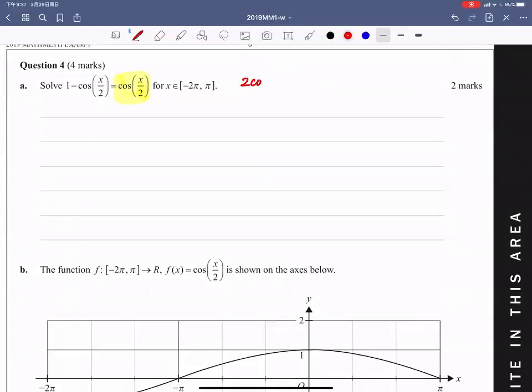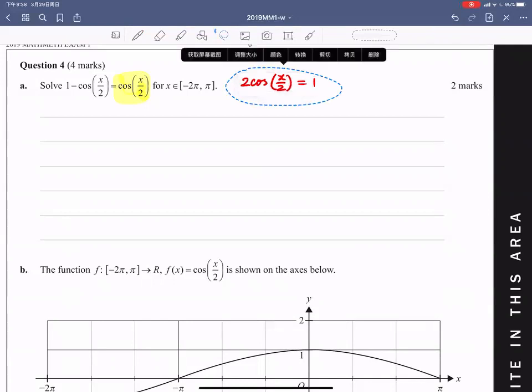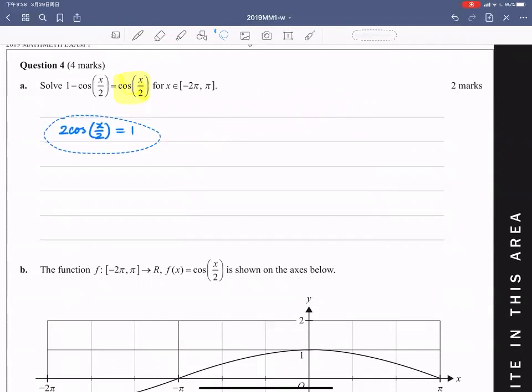I have 2 cos x on 2 equals 1. Looks like I used the wrong color. Doesn't matter. Let me switch it to another color. Much better. I love technologies. Cos x on 2 equals half.